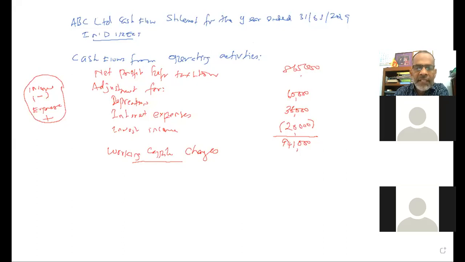Therefore, the difference is 60,000, what has happened? Increased or decreased? Increase in trade receivable of 60,000. If there is an increase in the trade receivable of 60,000, we have to ask the question, what has happened to the cash element?